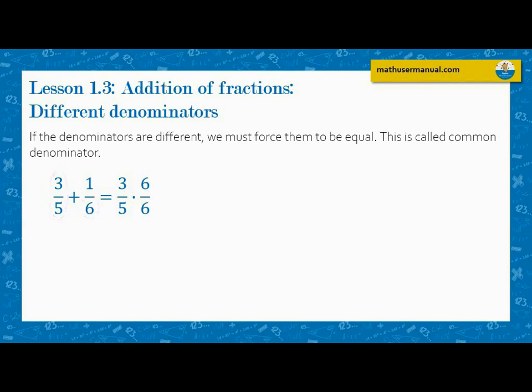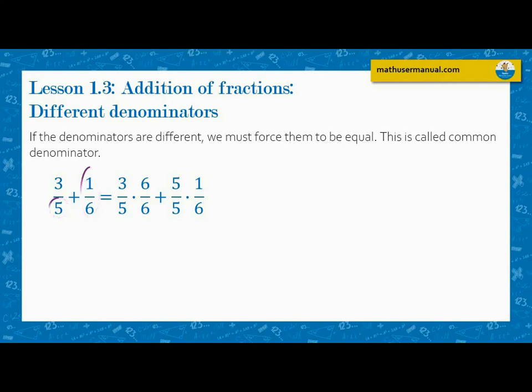Then, since this is an addition of fractions, we write an addition sign. Now we copy the second fraction, write it as it is, and multiply it times the first denominator. So we multiply this times 5 over 5.